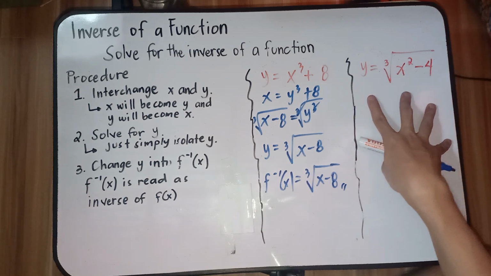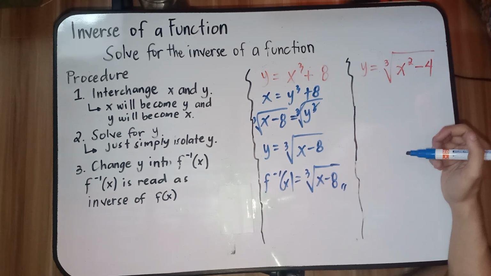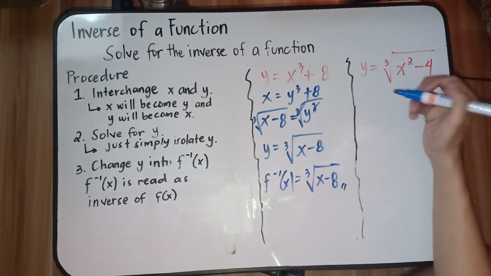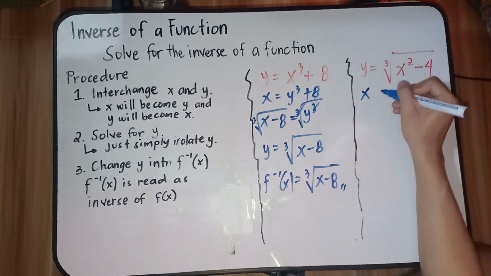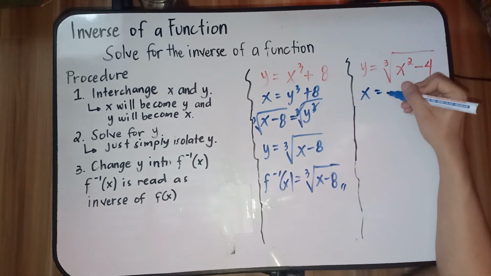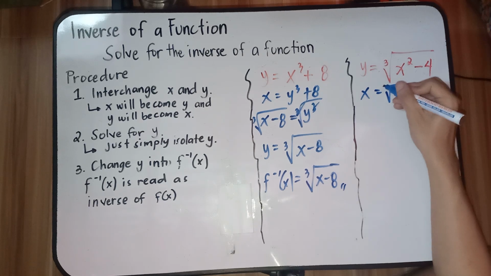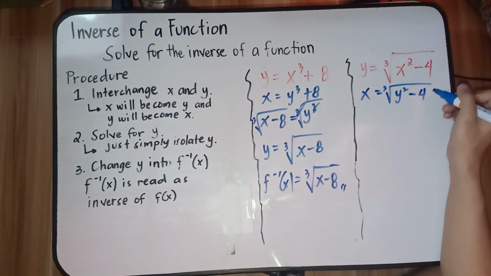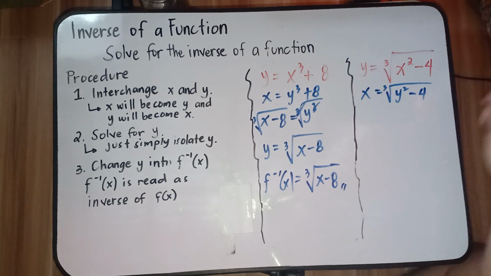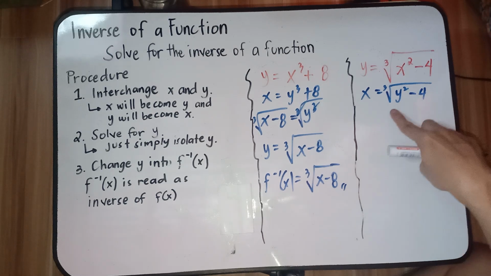For problem number 6, we have y is equal to cube root of x raised to 2 minus 4. First step is to interchange x and y. So we have x is equal to cube root of y raised to 2 minus 4. And since we have cube root, just the same as square root, we need to cancel this one.